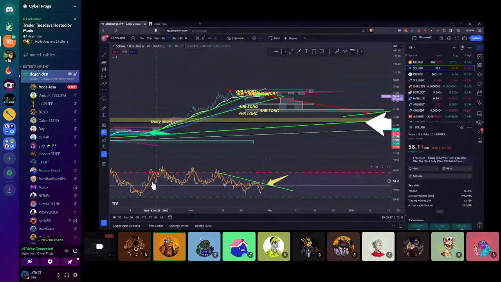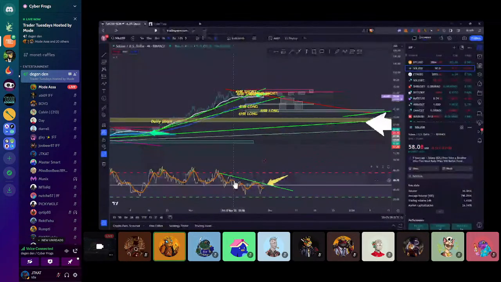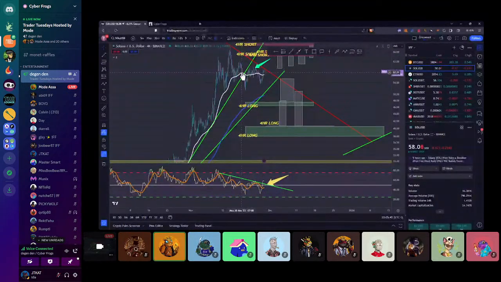And like I said, from all the way back here, we broke, right? And we have found support every time we've come down to it, until we lost support. We lost support on the RSI almost at the same time we lost support printing candles above the EMA, and the same time that we started to break our trend line.